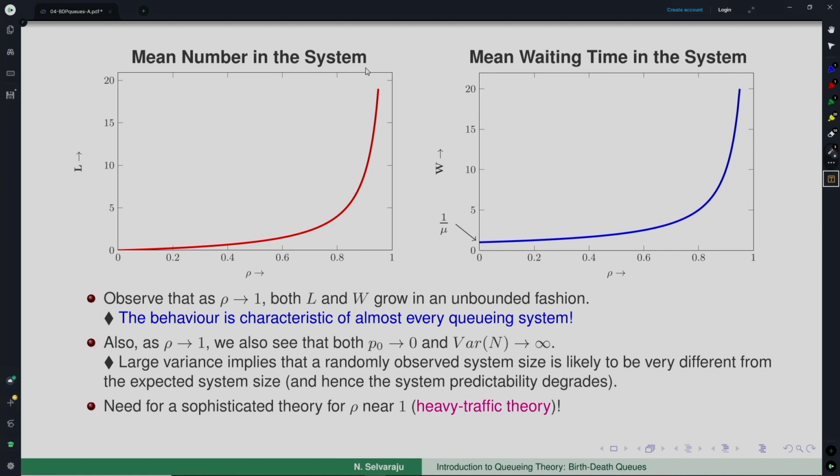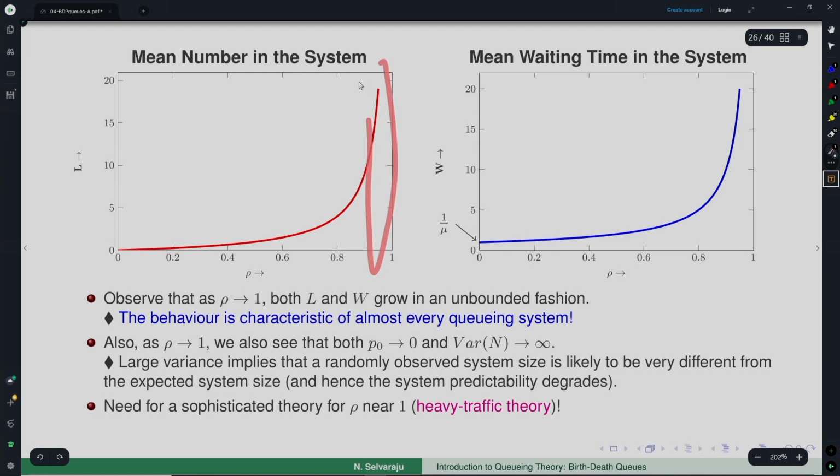But that comes at a cost: system predictability degrades, the mean number in the system explodes, and hence the mean waiting time in the system as well. Whether that is desirable, you have to see; you have to find an appropriate balance for rho. Systems very close to 1 are analyzed using what is known as heavy traffic analysis.